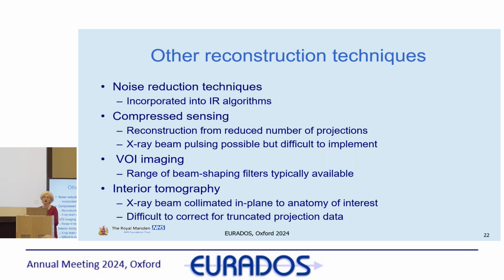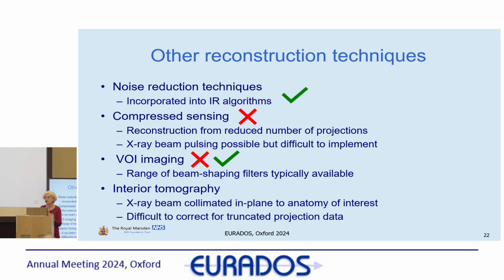So at the time of the summit, delegates were thinking that one of these techniques might come to help with the image noise. Noise reduction techniques were incorporated into IR algorithms, so definitely they've helped to solve the situation. Compressed sensing, which has been used extensively in MRI, hasn't made much headway in CT.